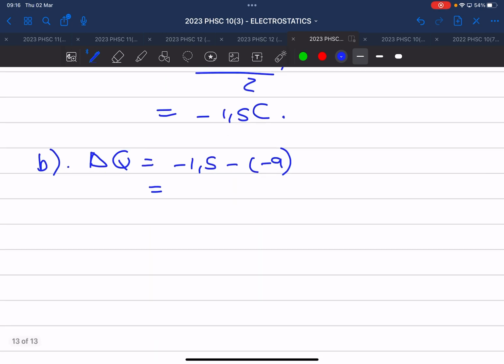In your head. 9 minus 1, 8 minus 0.5. 8 minus a half. Yes. So that gives you 7.5 coulomb.